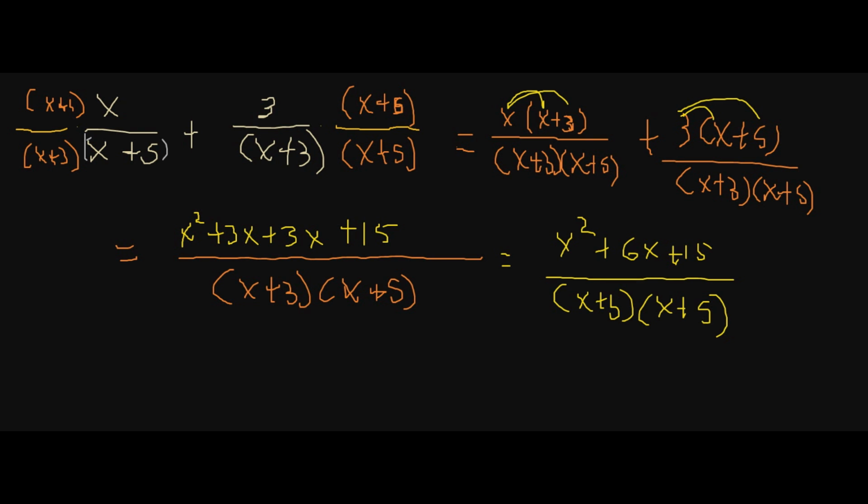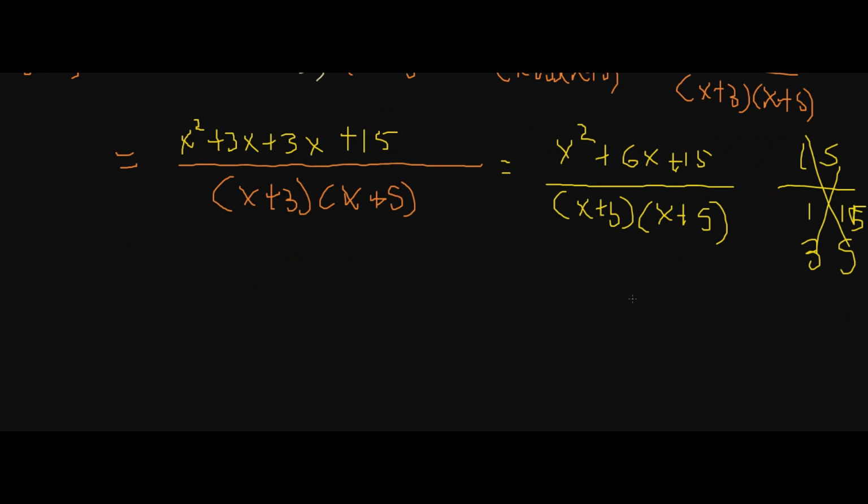Okay? Well, the question is, can I find, let's write all the factors of 15 in this corner, right? 1, 15, and 3 and 5. Well, can I add or subtract any of these to get 6 here? Well, unfortunately, I can't, right? So there's nothing I can do to turn that into factored form. I'm pretty much done. There's nothing left for me to do.